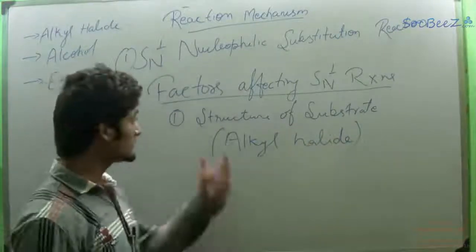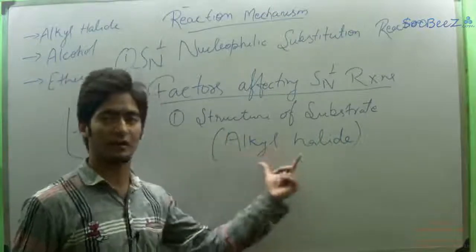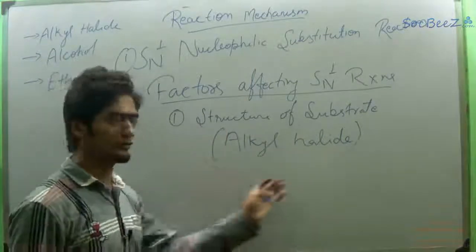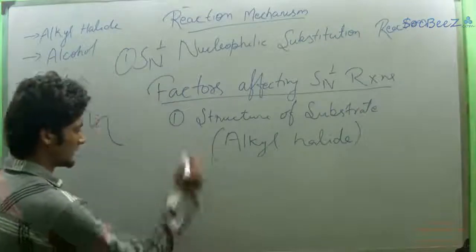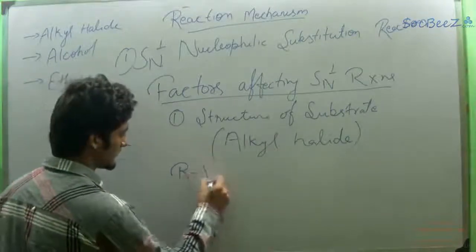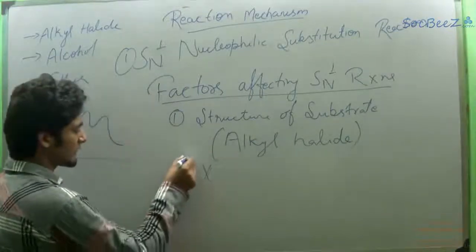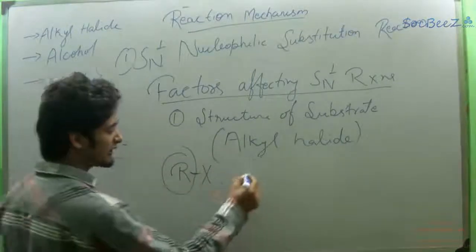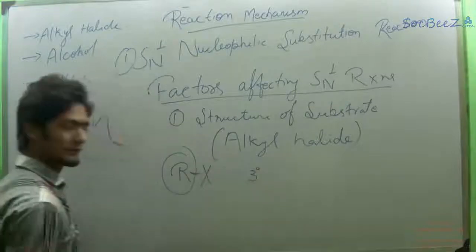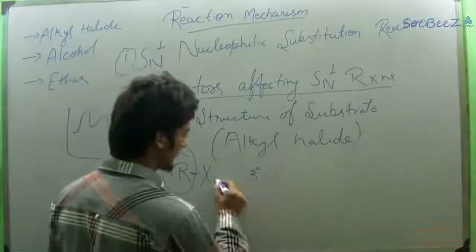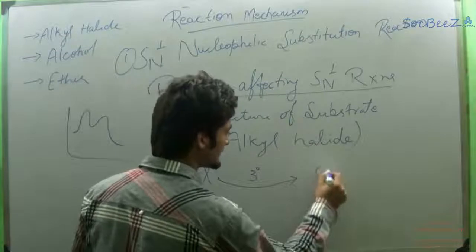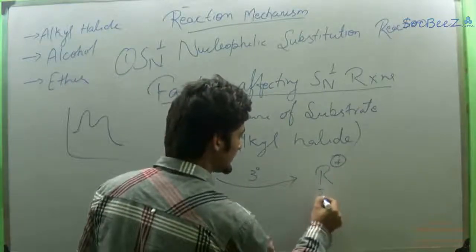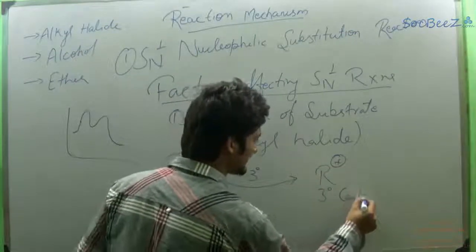Okay, let's see how the structure of the alkyl halide will drive the course of the reaction. Let's say this R, which is our substrate in this case, is a 3-degree molecule. So, the carbocation formed by it will be a 3-degree carbocation.